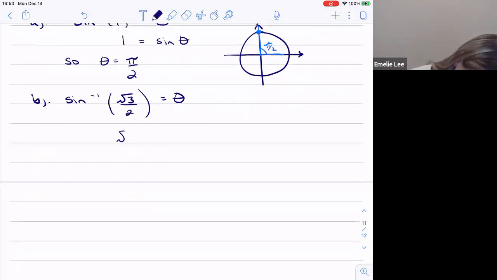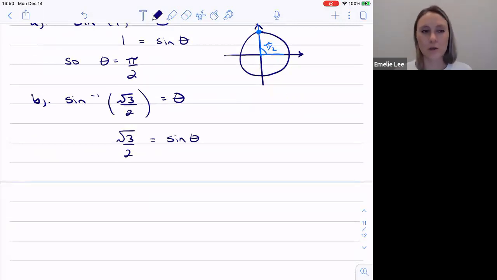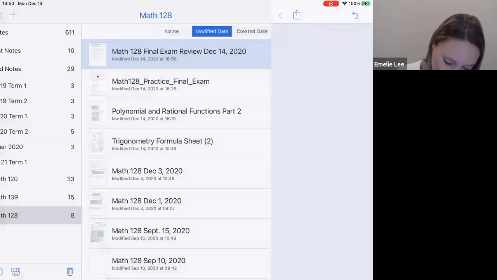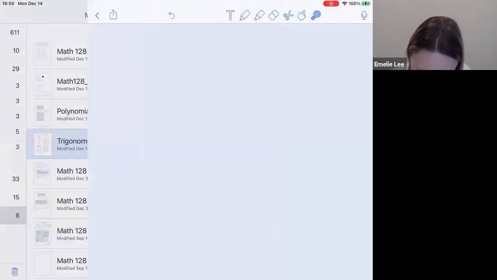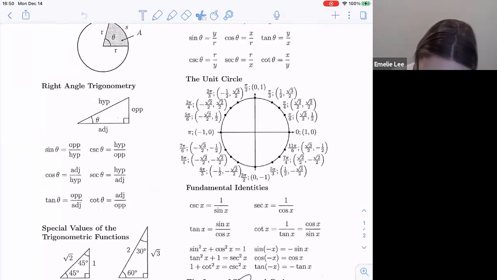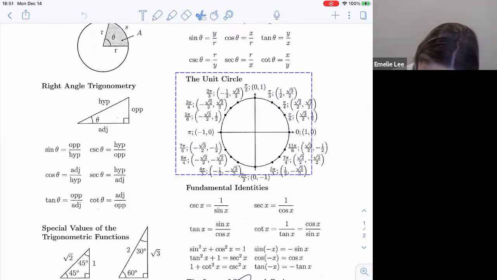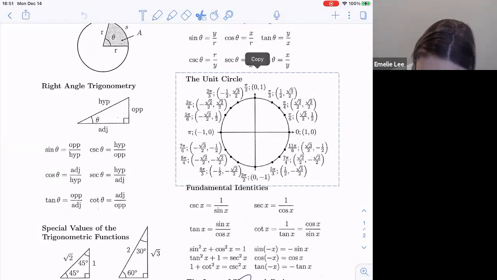So here, what I have is I have √3/2 is the sine of theta. I'm just kind of shifting things over. What does that tell me? It tells me that the y value on the unit circle has to be √3/2. Okay, so, and remember on that trig formula sheet, we've got this fancy pantsy unit circle.